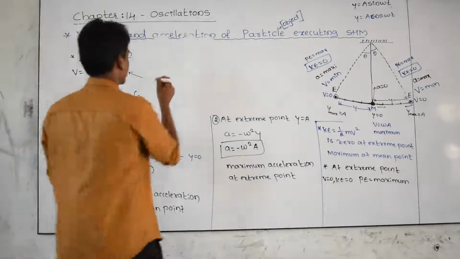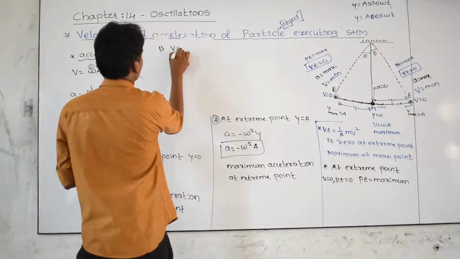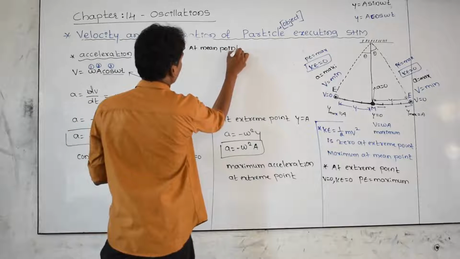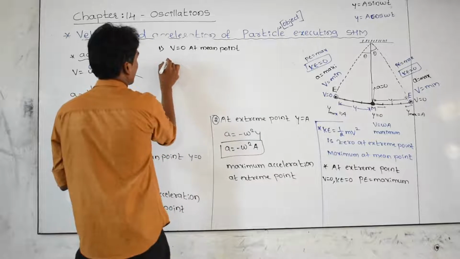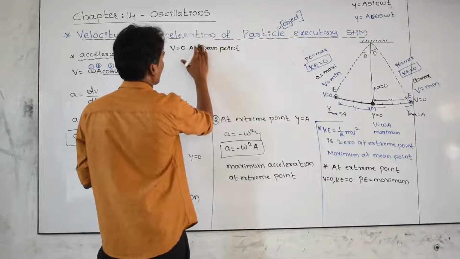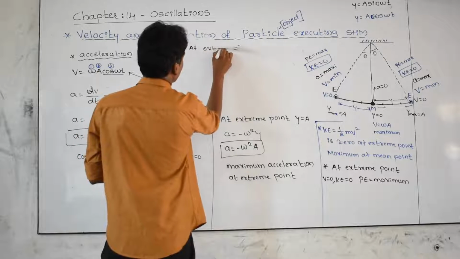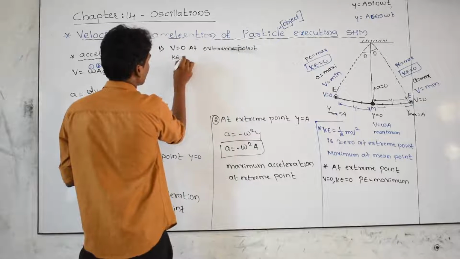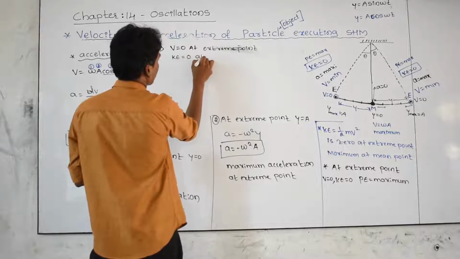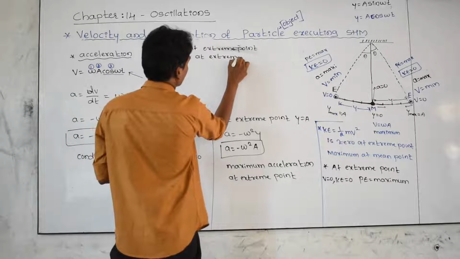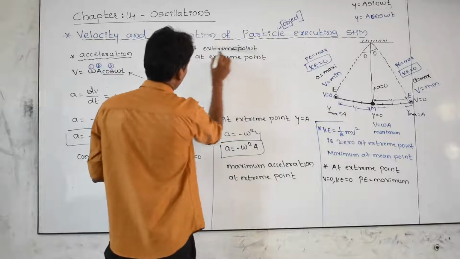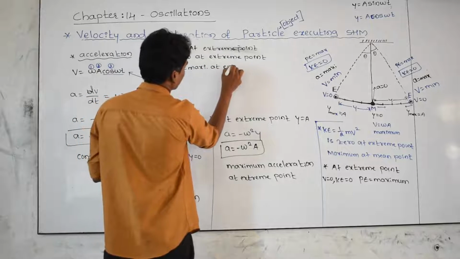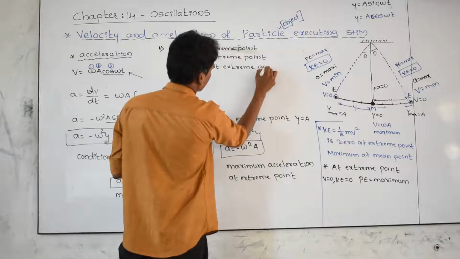You remember all, the first condition: velocity is equal to 0 at the extreme point, therefore kinetic energy is equal to 0 at the extreme point, and potential energy is equal to maximum at the extreme point. This is the first condition.